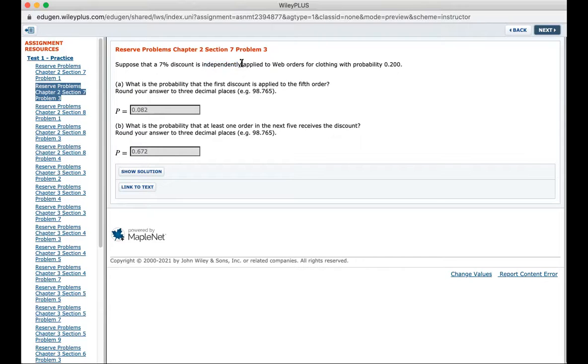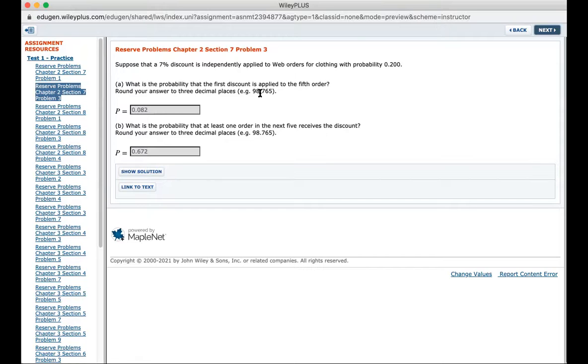Okay, so now we're going to use the rule. If two events are independent, let's say two events A and B are independent, then the probability of A intersection B is equal to P of A times P of B, right?